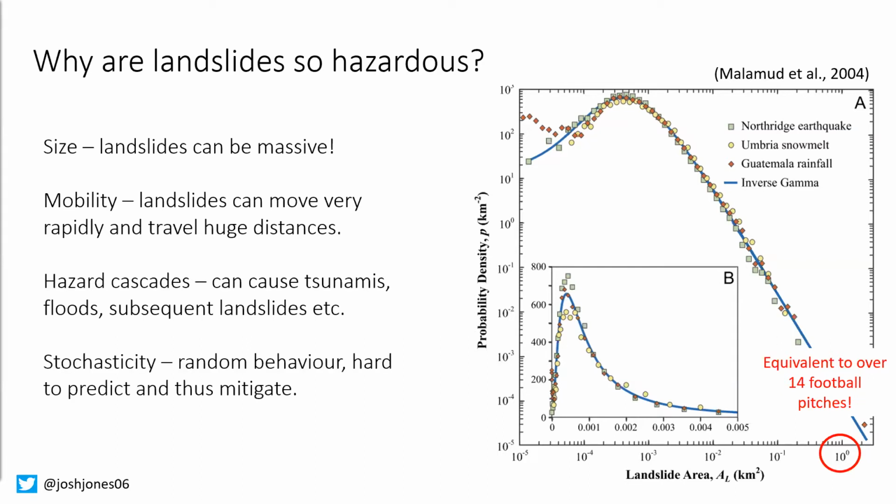Now, stochasticity is a word that just means random behavior. A lot of the landslide science community consider many landslide processes to be quite random. In particular, the triggering of landslides is often quite difficult to deal with. Sometimes landslides can be triggered by events we can forecast, such as rainfall.